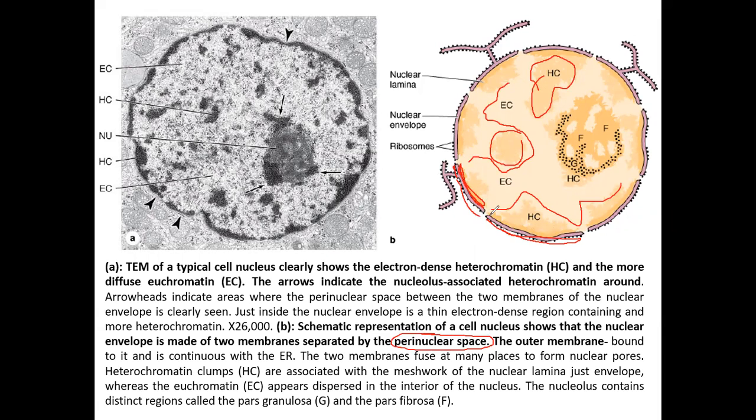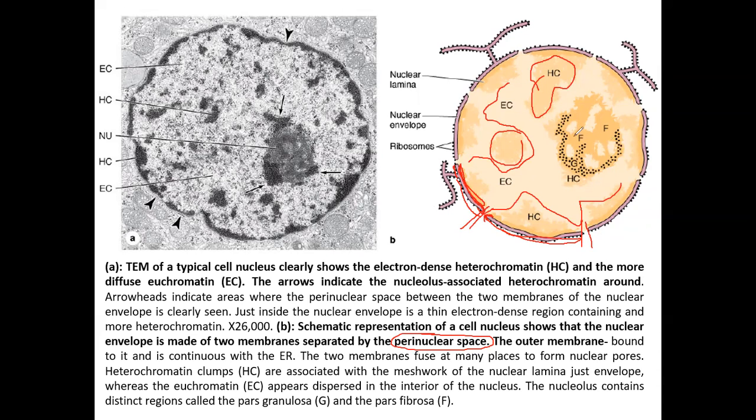And there is this portion where your inner and outer membranes meet together to form this space. These spaces form what we call the nuclear pores. So, the nuclear pores.